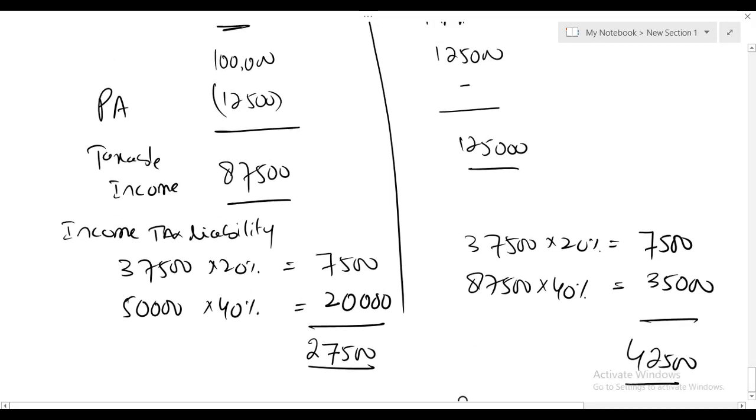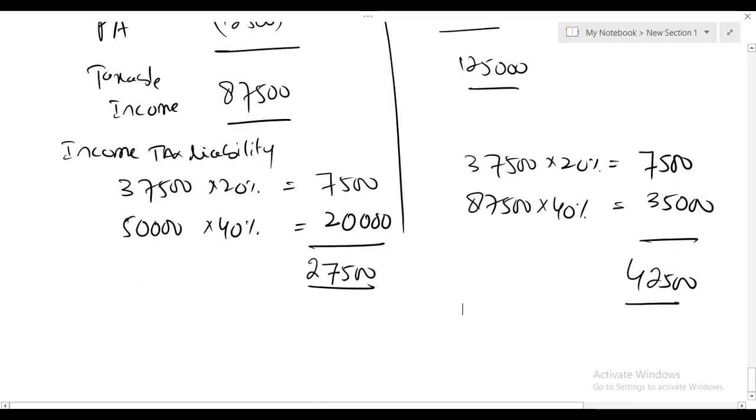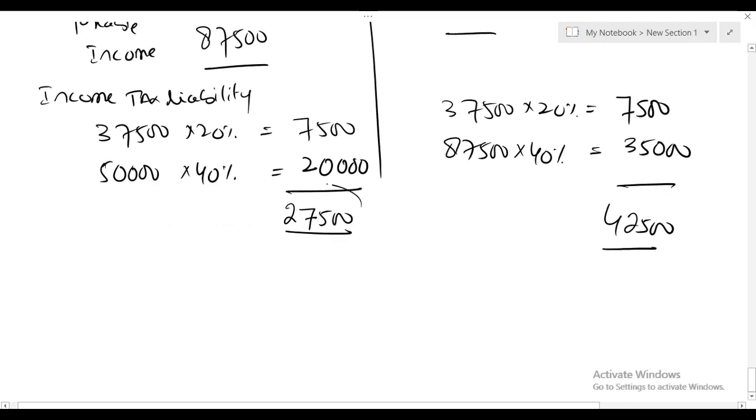If, for example, Mr. X is having income of 1 lakh, then the income tax liability is 27,500. And if Mr. X is having income of 1,25,000, then Mr. X is going to have income tax liability of 42,500.